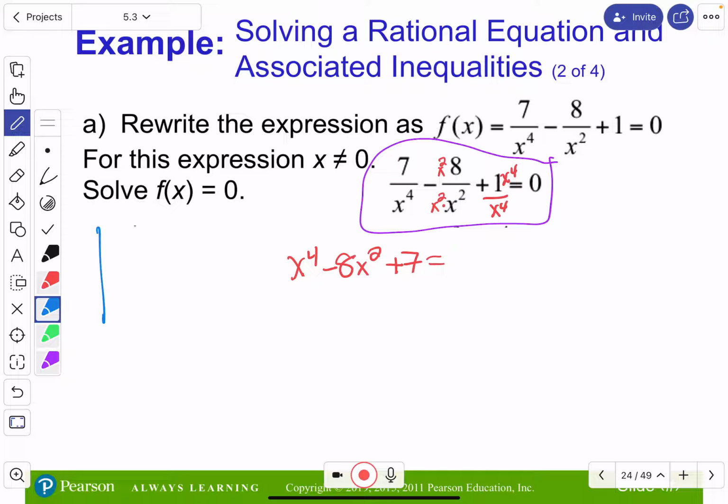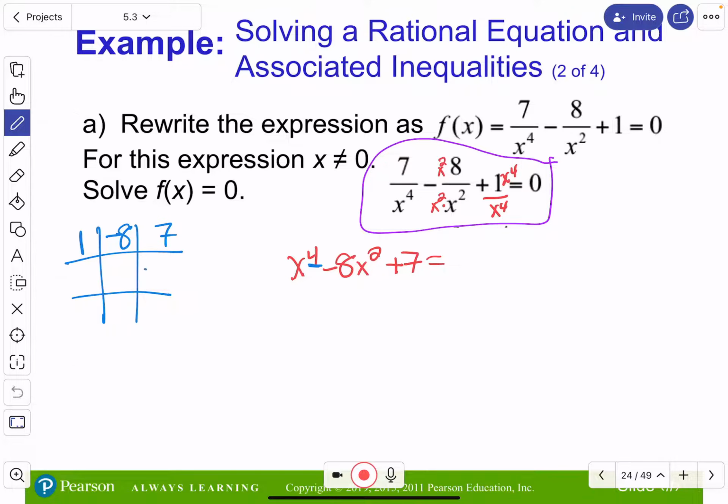So we're going to tic-tac-toe, but keep in mind that we have a 4 here. So 1, -8, 7. To get a negative, we'd have to have -7 and -1. Greatest common factor, multiply up, multiply across. Now, because of this 4, these are really x squared minus 7 and x squared minus 1.